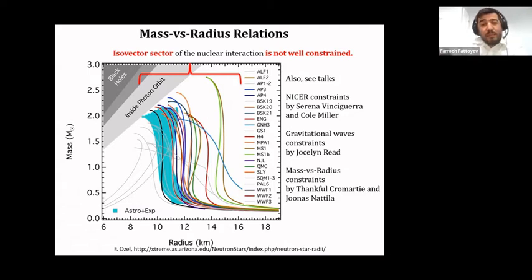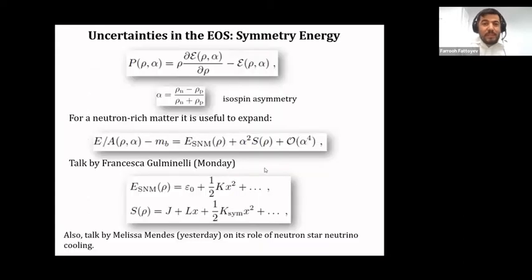The primary reason is that the nuclear experimental data that we have are all close to symmetric nuclear matter. There are very few experimental data from neutron-rich matter, and as a result, these models predict vastly different neutron star radii. And that's the main reason for this talk.